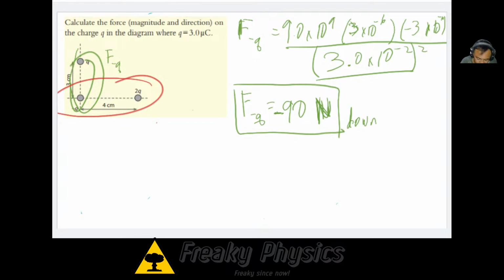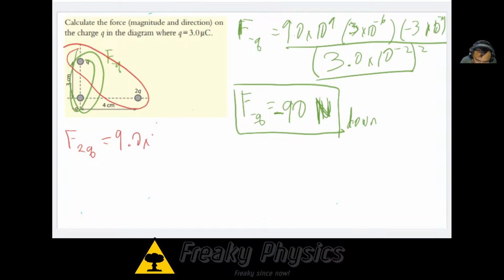This bit. Oh, sorry, not that bit. This bit, right? So F from 2Q will now be equal to the same thing, 9.0 times 10 to the 9 times 3.0 times 10 to the minus 6.